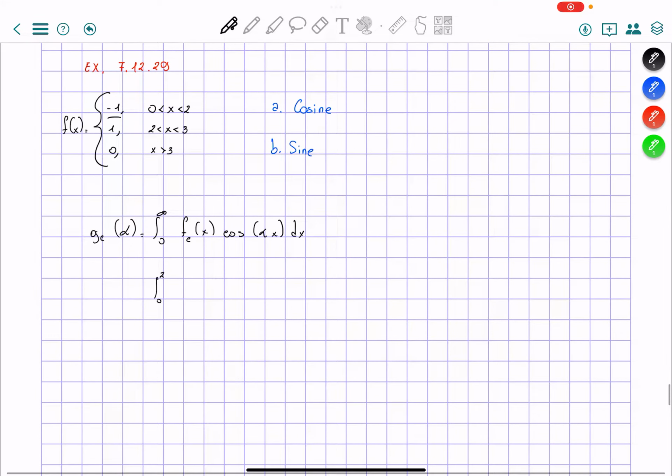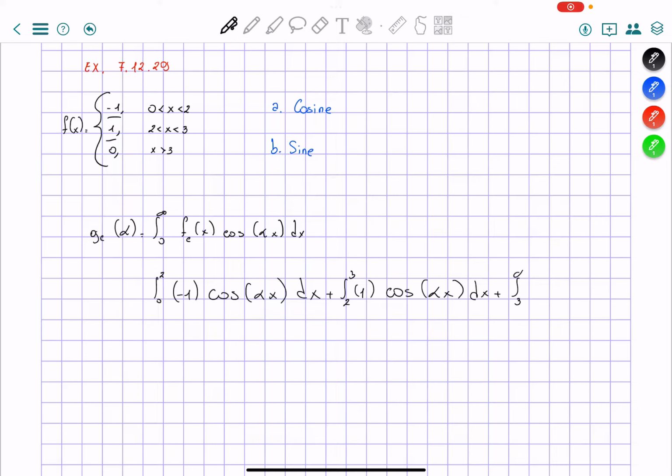It's going to be -1, so -1 cosine of alpha x dx, plus the integral from 2 to 3 of 1 cosine of alpha x dx, plus the integral from 3 to infinity of 0 cosine of alpha x dx.